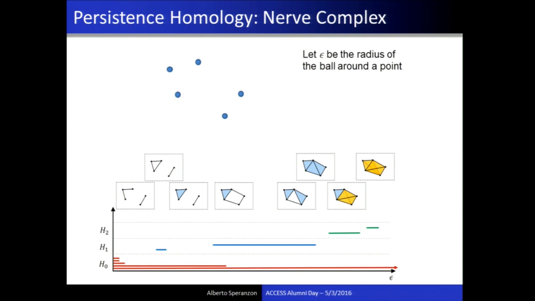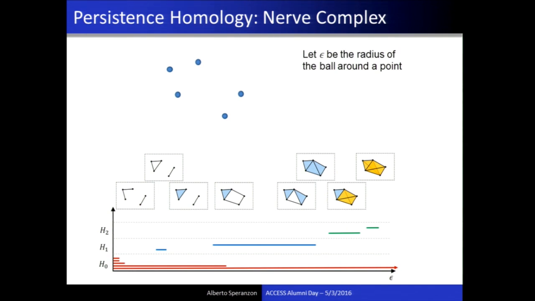At the beginning, I can compute the group representing connectivity. As you can see here, at the very beginning, when epsilon is 0 or very small, I will have 5 connected components, which correspond to the 5 nodes that are there. There are no holes, there are no voids, and nothing else. So there are only 5 nodes.